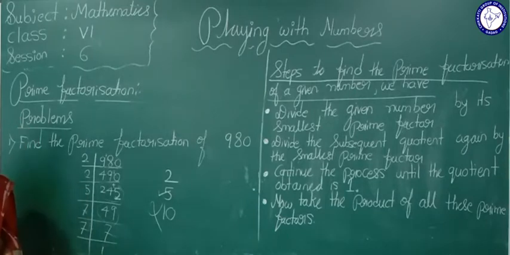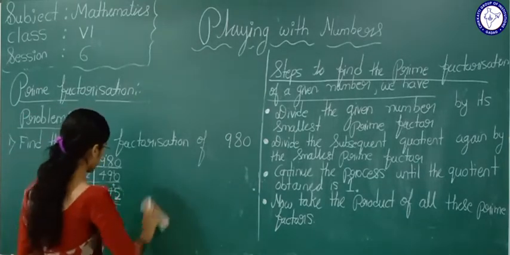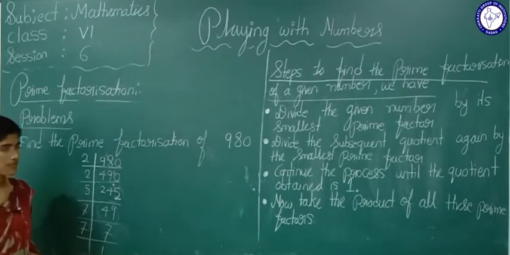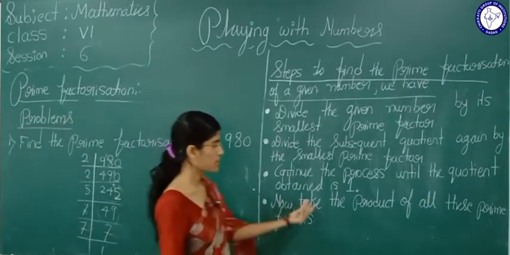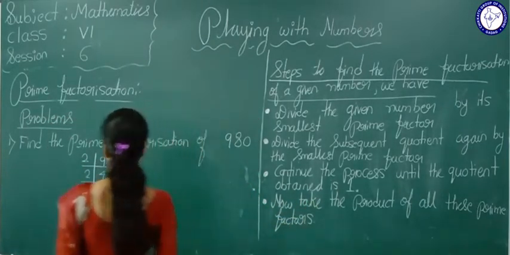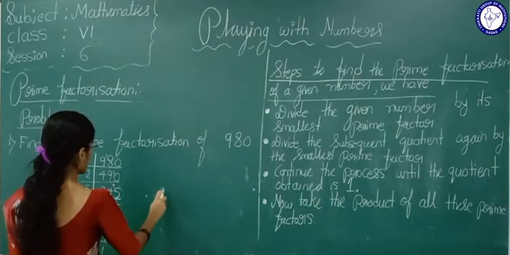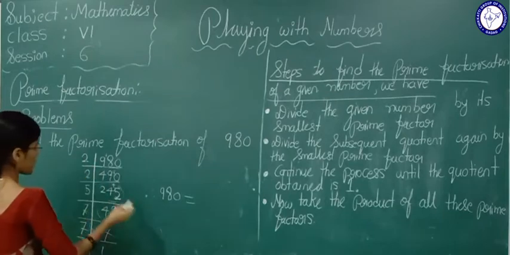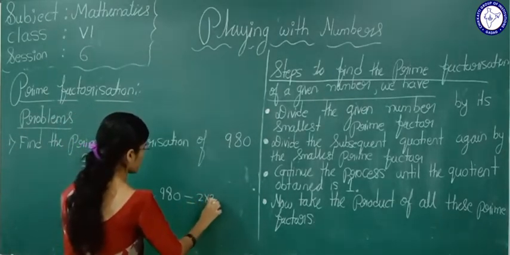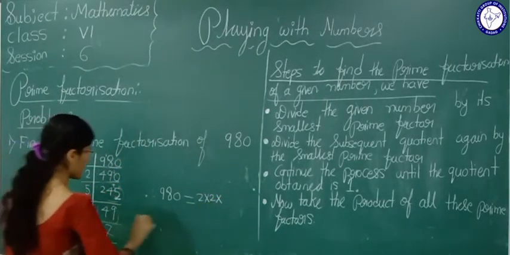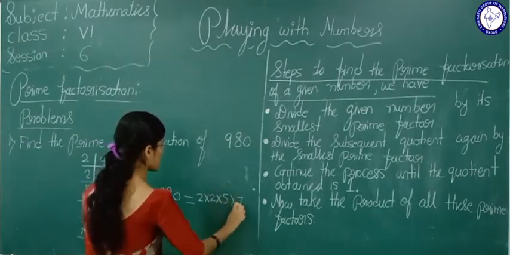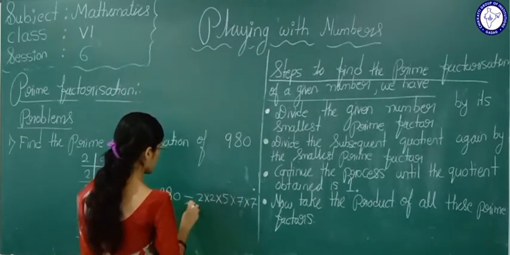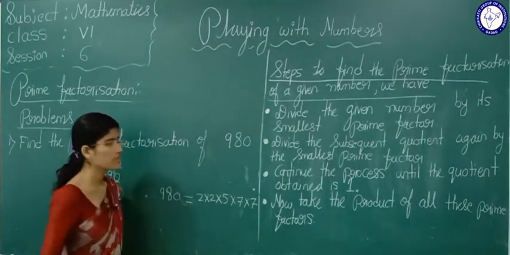Now see here, we got the quotient 1. Now take the product of all these prime factors. Therefore 980 is equal to 2 multiplied by 2 multiplied by 5 multiplied by 7 multiplied by 7. So this is about the first problem.